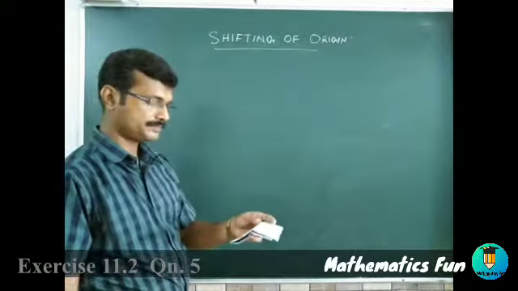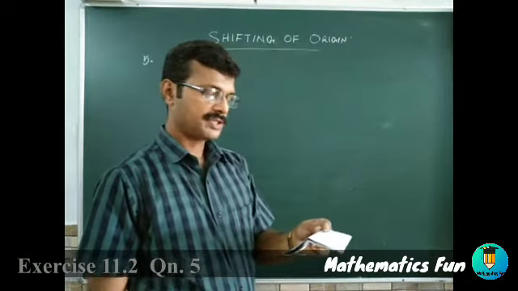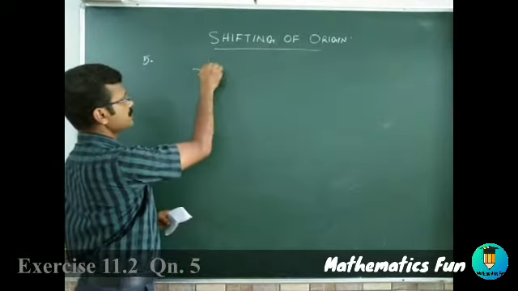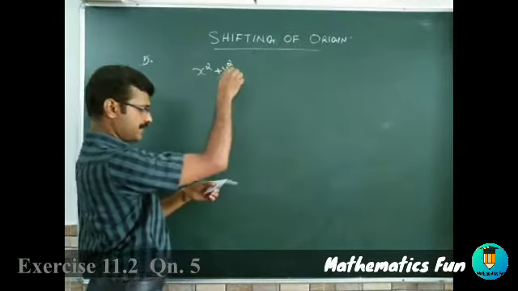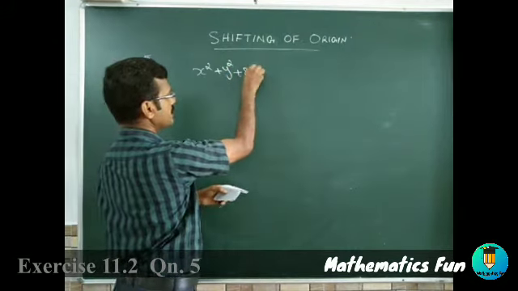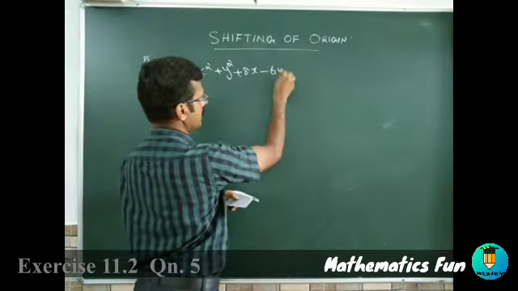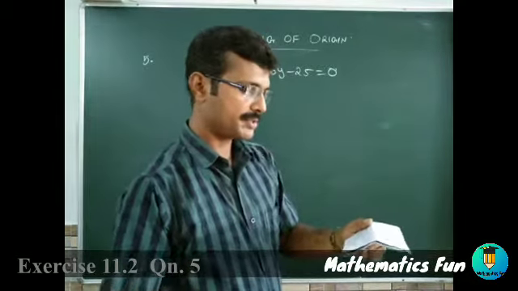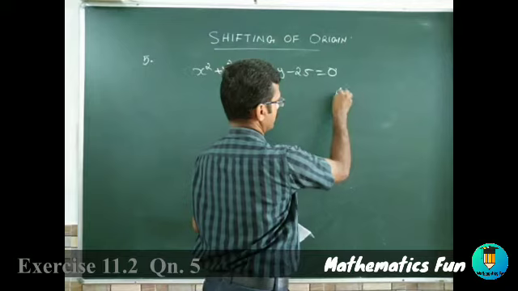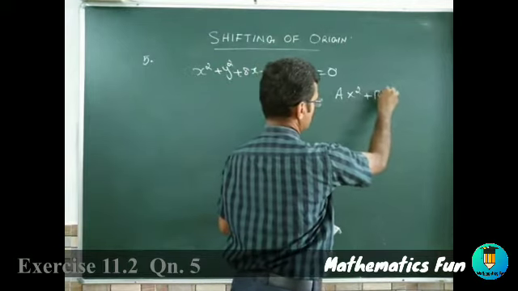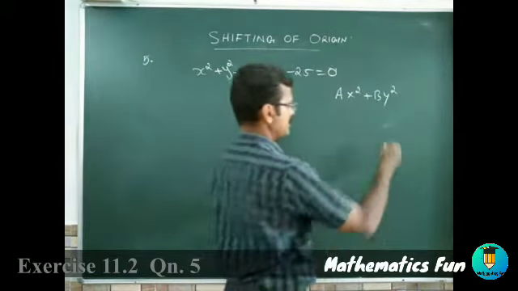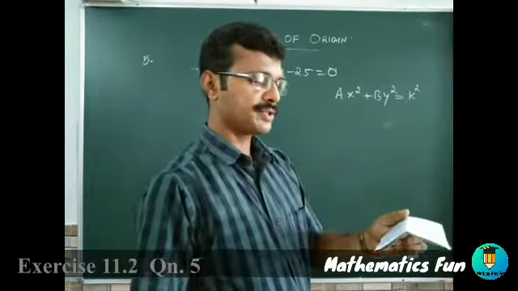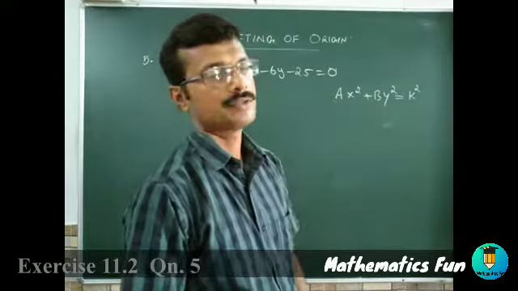Question number 5. Here the question is, we have to reduce the equation x square plus y square plus 8x minus 6y minus 25 is equal to 0. We have to reduce this equation to the form ax square plus by square is equal to k square by shifting origin to a suitable point.